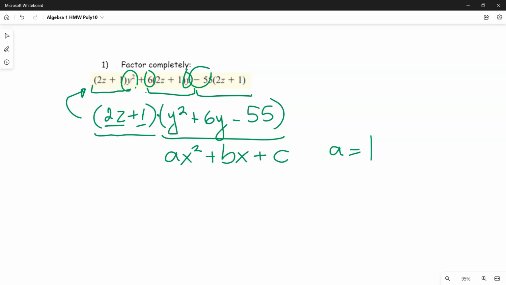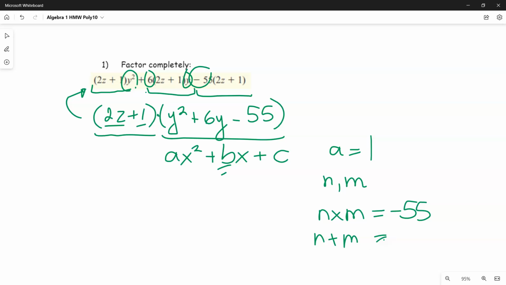In this case, we are looking for two integers that when you multiply, you get negative 55. So let's say we're looking for two integers n and m. When you multiply them, n times m will give us negative 55, and when we add them, will give us the middle coefficient b.